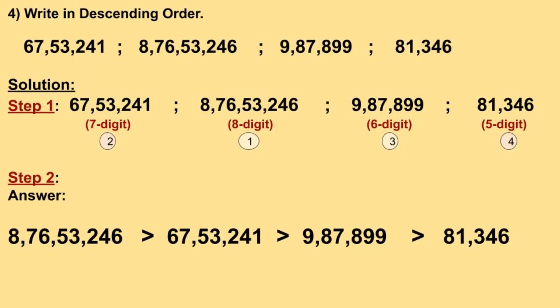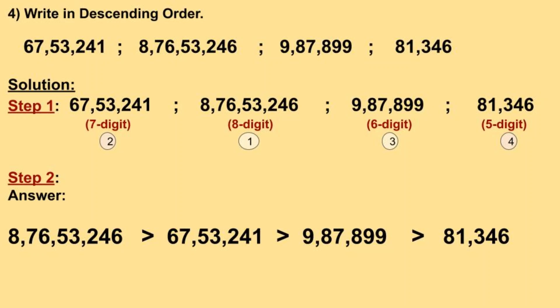Let's see the answer. Step 1. First, we need to find the number of digits for the given numbers. First number is a 7 digit number. The second number is an 8-digit number. The third number is a 6-digit number and the last number is a 5-digit number. Children, you all know that the number that has more digits is greater.